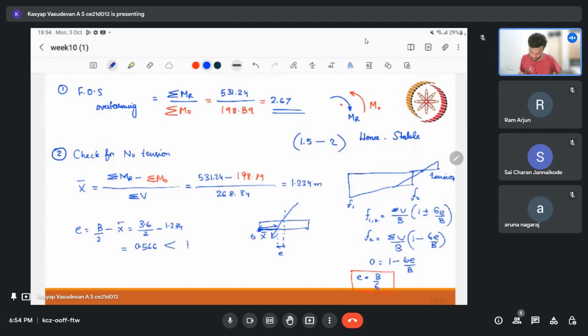This must be less than B by 6. B by 6 is 3.6 by 6, that is 0.6. So it's just less than that, so it's safe and hence no tension will be developed at the base. That is the check for no tension.